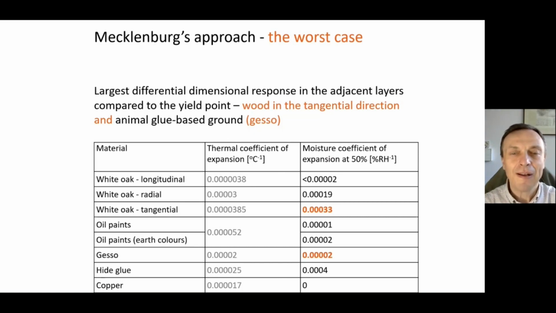Here you can see several materials and their thermal expansion coefficients in the second column, and in the third column you can see moisture coefficients of expansion at 50% relative humidity. And what you can see here is that the largest difference in dimensional response is between the wood in tangential direction and the gesso, which has the lowest dimensional response.